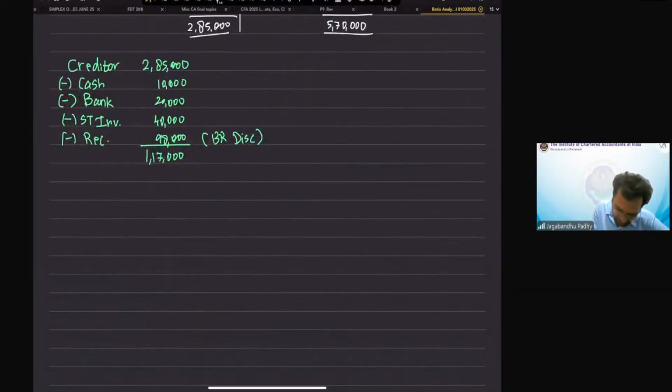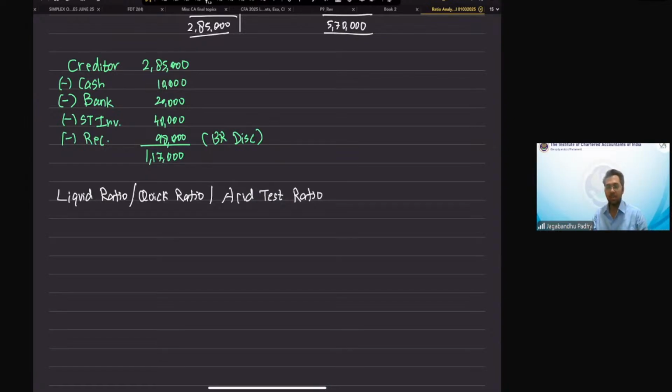So I need to revise this ratio as liquid ratio, or we also call it quick ratio, or acid test ratio. How are we going to revise this particular ratio? Instead of taking full current assets in the numerator, we will consider only those current assets which can be used to make payment to the creditors.